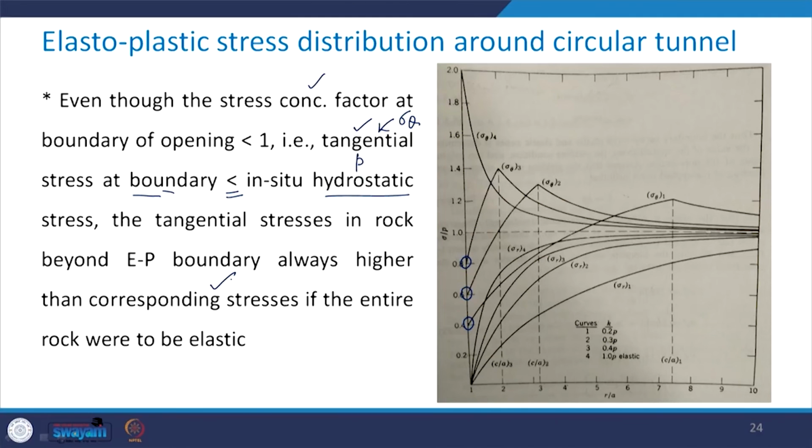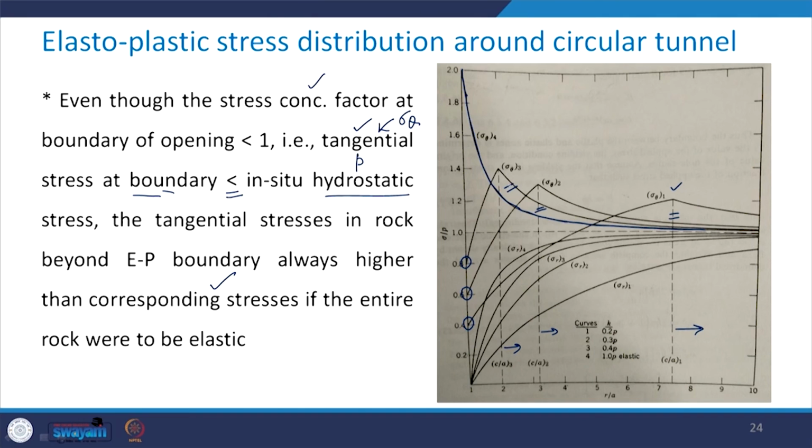Try to understand this. If the entire rock mass were to be elastic, this is the variation of sigma theta with R by A. This is the fourth case. Now, take a look at these respective curves beyond these respective dotted lines. In all the cases, the state of stress beyond this is more than what it was in case of the elastic.